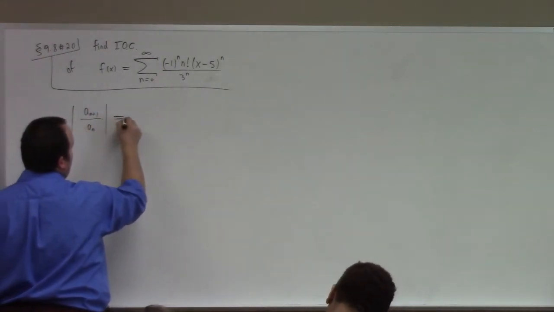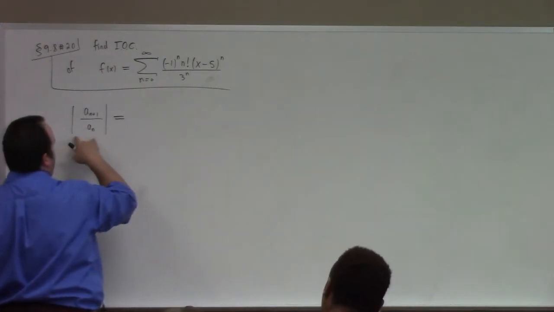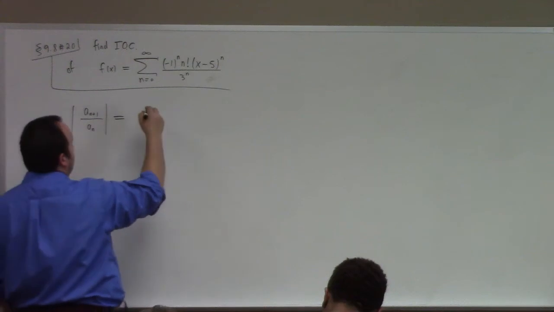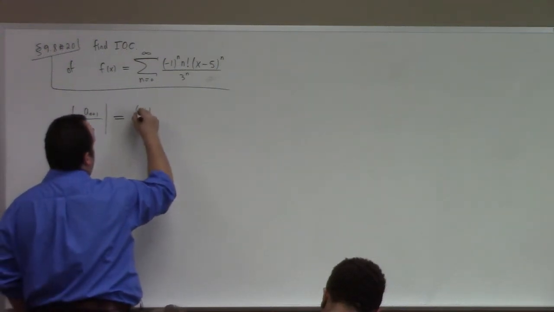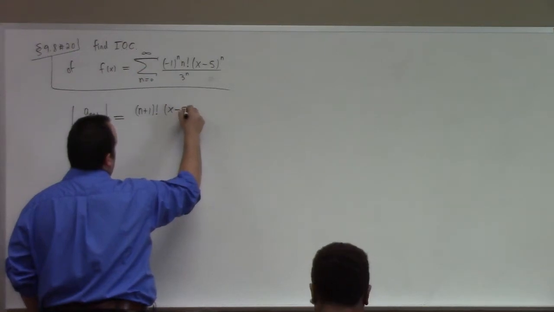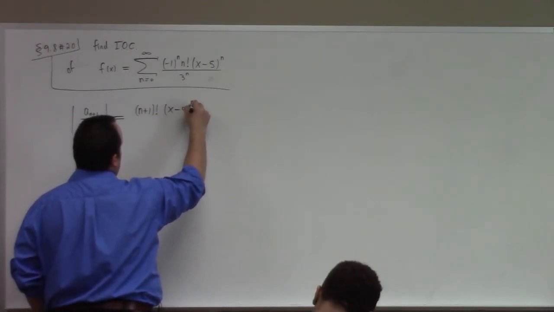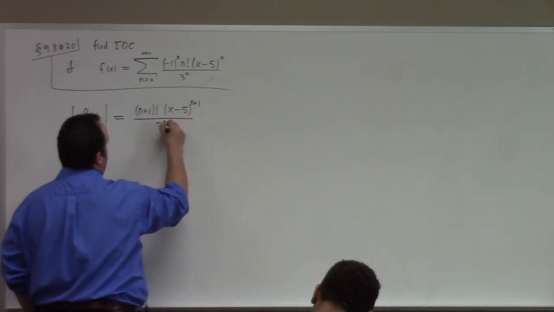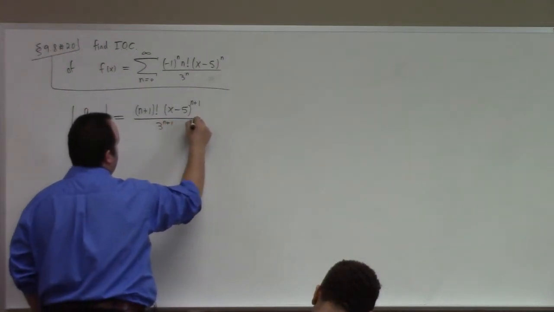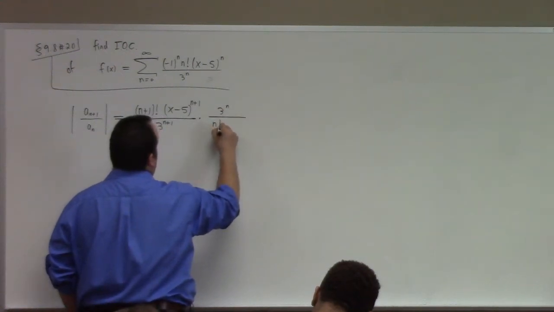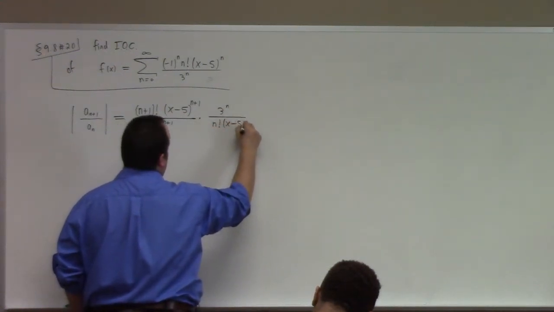When you take the absolute value of the nth term, the -1 to the n goes away. So we get n plus 1 factorial times x minus 5 to the n plus 1 divided by 3 to the n plus 1, times 3 to the n divided by n factorial times x minus 5 to the n.